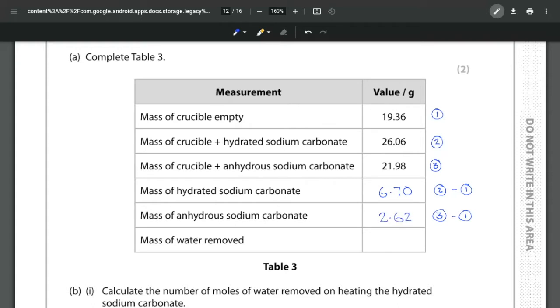And now the difference between 3 and 2 is going to give me the mass of the water, which is 4.08. If you get 1 or 2 of them correct, you will get 1 mark. To get all 3 numbers, then you get 2 marks.